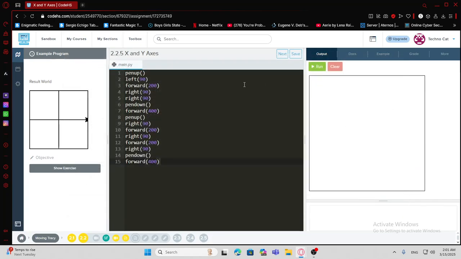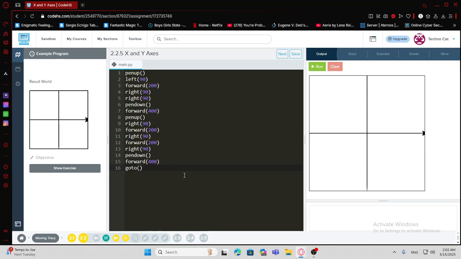Okay. So without interfering with this, to make diagonal lines, we could use forward and forward and forward, but we already have our go-to function, so I'm gonna use that instead.